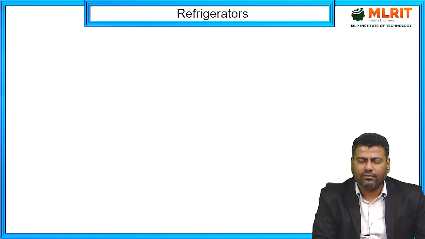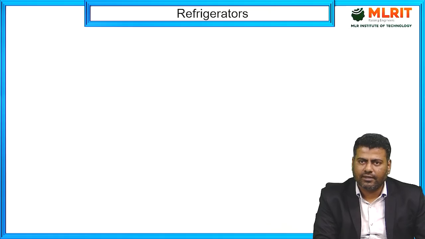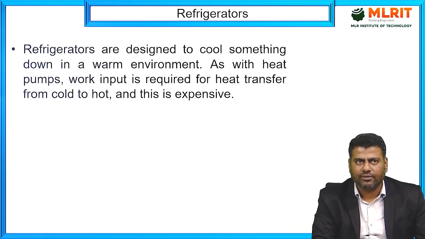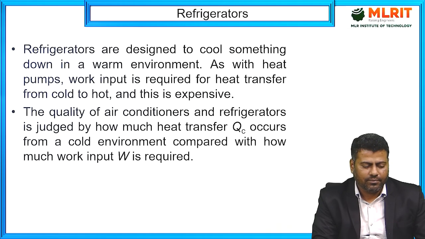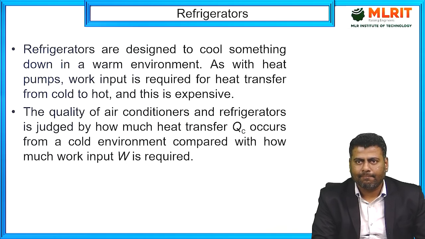In the heat pump example we transfer heat from outdoor to indoor, whereas here we transfer from indoor to outdoor. Let me show you with a schematic diagram first. Before that, refrigerators are designed to cool something down in a warm environment, right?